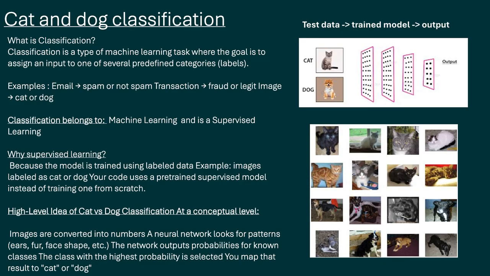So, classification in machine learning is a supervised learning technique. We have the terms supervised and unsupervised when we talk about AI and machine learning. Supervised is nothing but learning from labeled data.